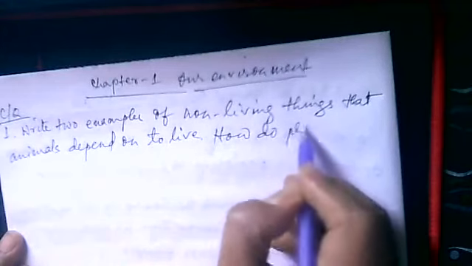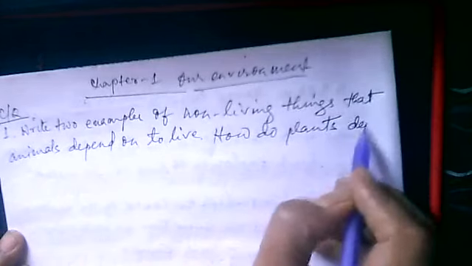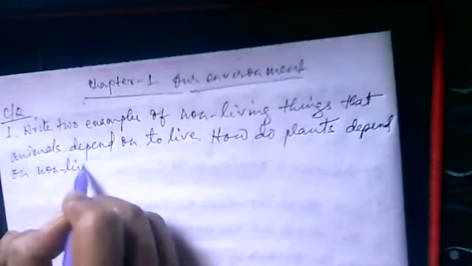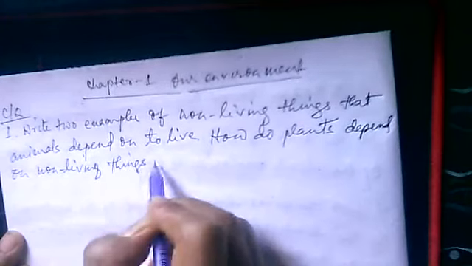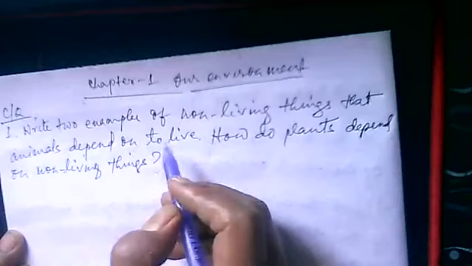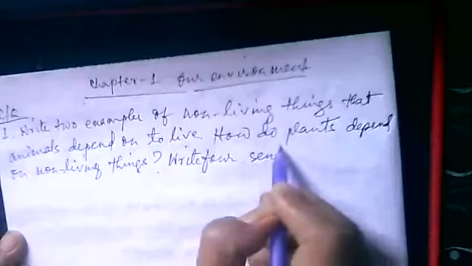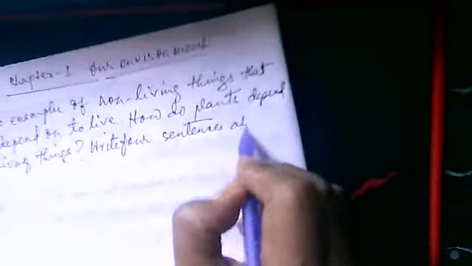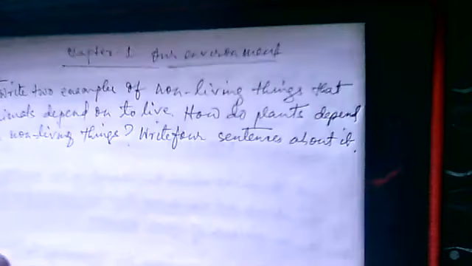How do plants depend on non-living things? Write 4 sentences about it. This is the question. It carries 6 marks. Okay.